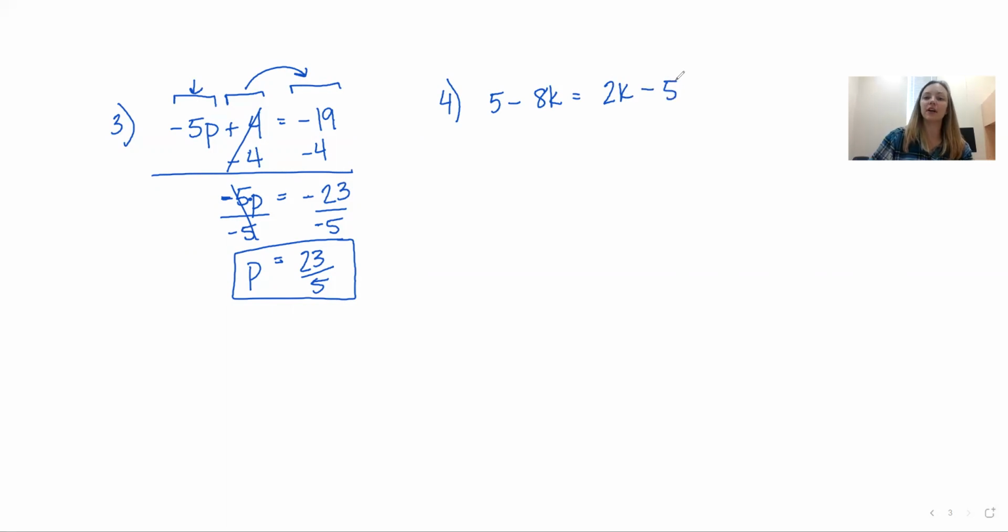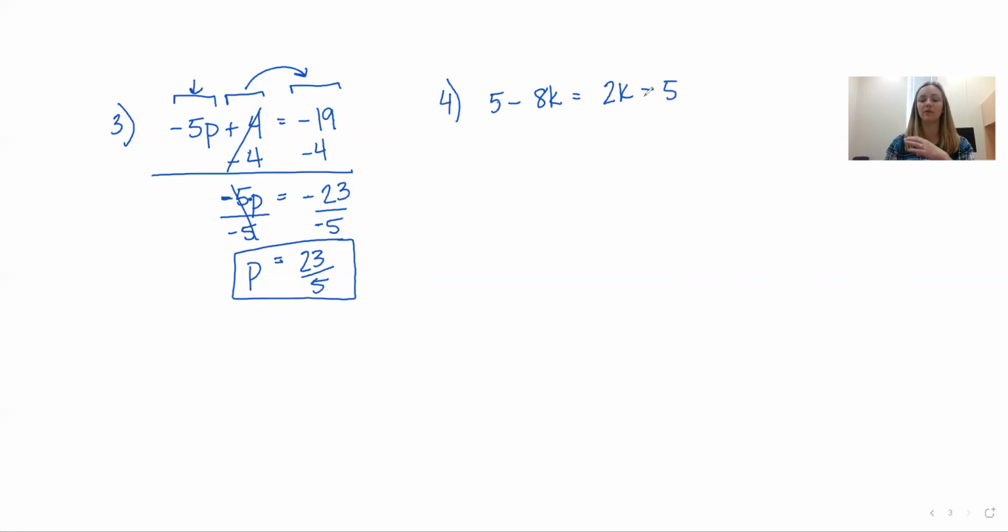So this one we have a couple of variable terms. We have an 8k and a 2k, and we also have two constants. We have a 5 and a negative 5. So I want to get the constants on one side, variables on the other. It doesn't matter which side you move things to. So if you want to always put the variable on the left, cool.